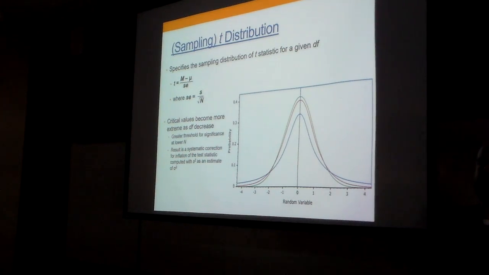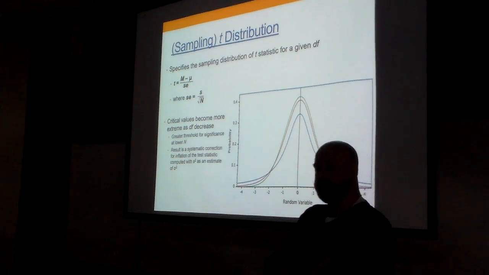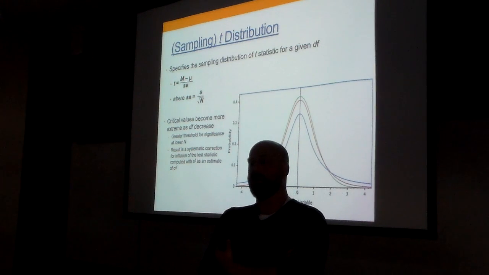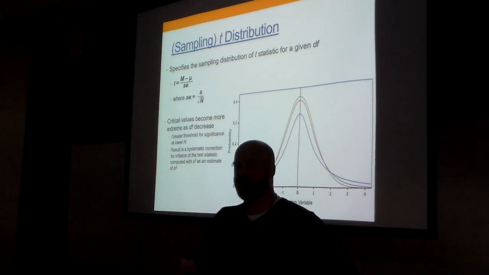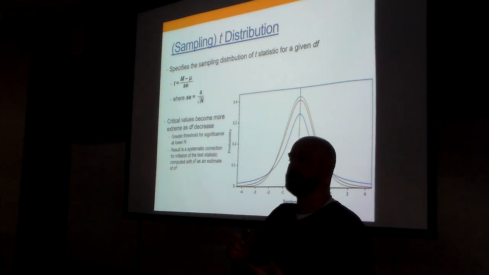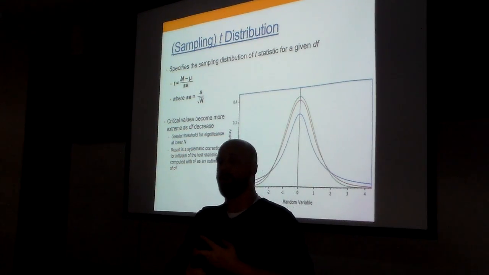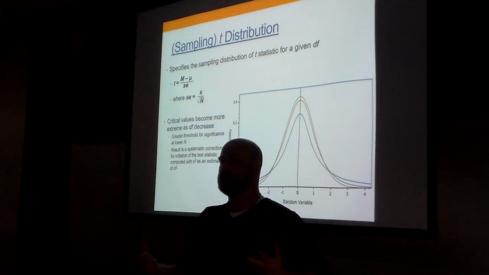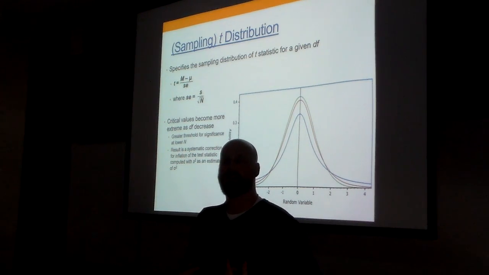Questions about this? Yeah. So basically, the difference between a Z and a T would be for estimating the population standard deviation? Yeah. The Z-test is kind of our basic thing, right? We're comparing some sample mean against a known population mean and a known population variance, which is a nice way to get into this.